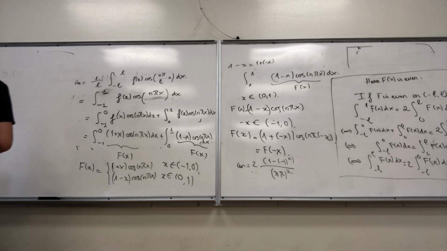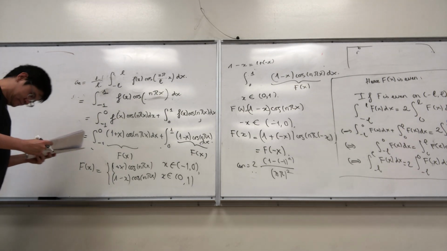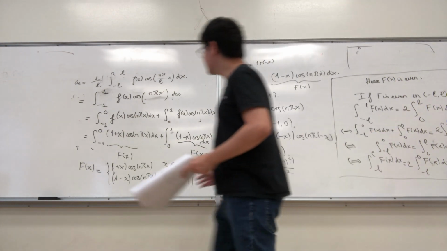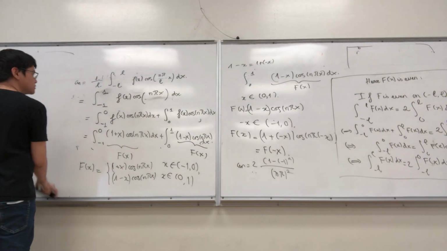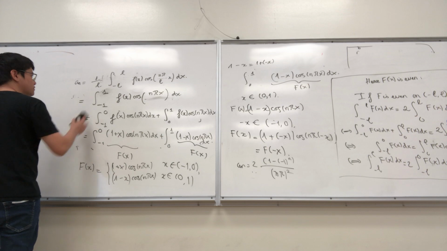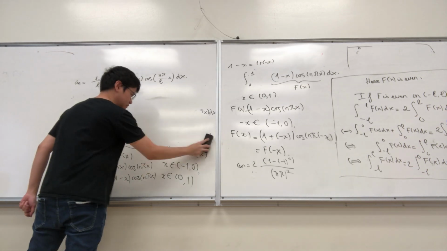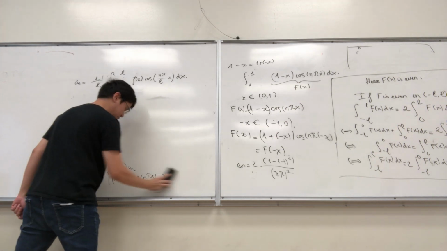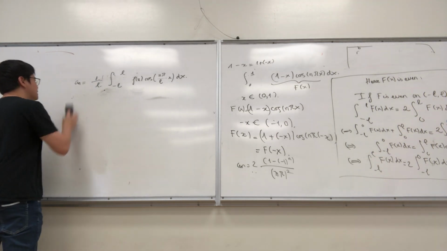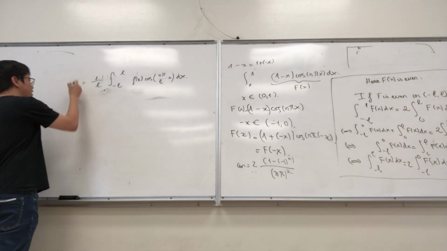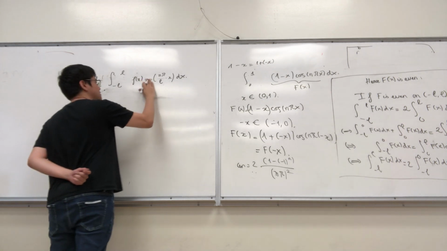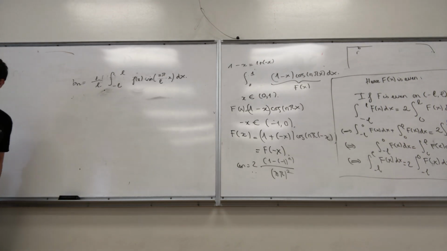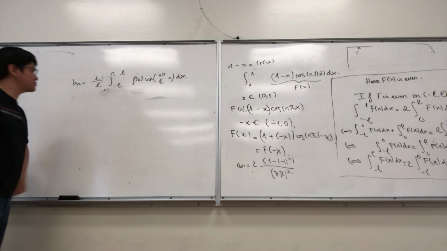So let us try to compute b_n. So this is b_n. So I think I'm going to erase here. So I have b_n will be sine of n pi x, right? So in this case, L is also 1.